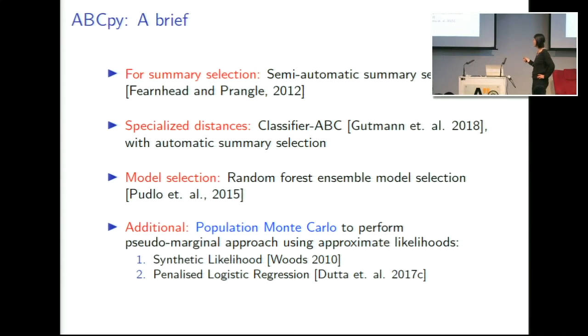So within ABC Pi, we do implement this paper, which does a semi-automatic way of selecting the summary statistics. So basically, you code all the summary statistics that you might think are useful to calibrate the model, and then, using the methodology of this paper, we automatically select the relevant ones, okay?